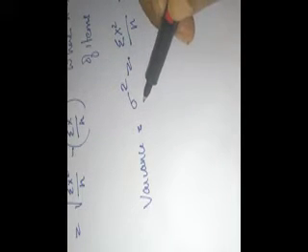Next, variance is equal to standard deviation square, which is sigma x square divided by n minus sigma x by n whole square. You have to study this formula also.